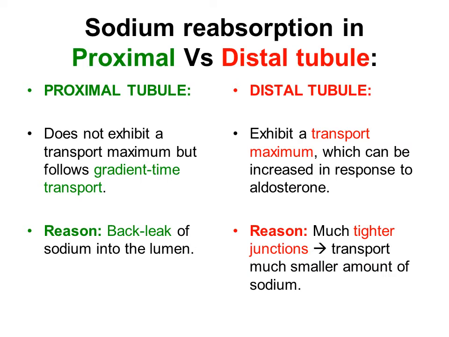However, in more distal parts of the nephron, especially the distal tubule, the epithelial cells have much tighter junctions and transport much smaller amounts of sodium. In these segments, sodium reabsorption does exhibit a transport maximum similar to that for other actively transported substances. Also, this transport maximum can be increased by certain hormones, for example, aldosterone.